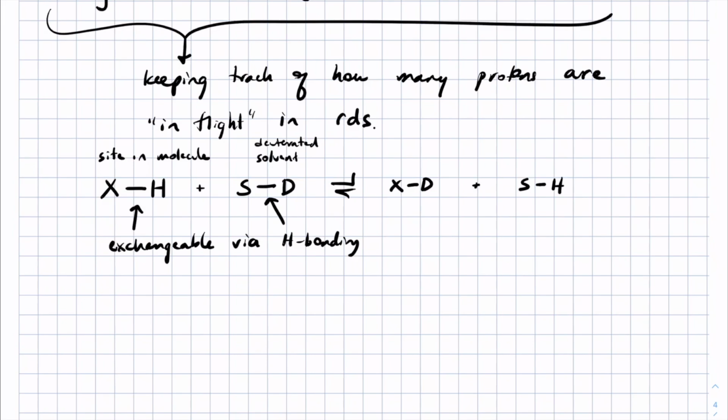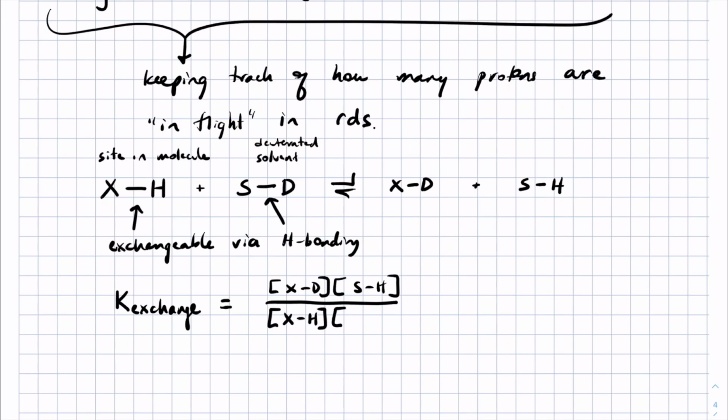And we can write an equilibrium constant for the exchange process. It should be the concentration of our exchanged molecule times the concentration of protiated solvent divided by the concentration of our unexchanged molecule times the concentration of our deuterated solvent. All right. And then if we play a few rearrangement games, just a little bit of algebra, we can represent this in a way that qualitatively makes a little bit more sense.